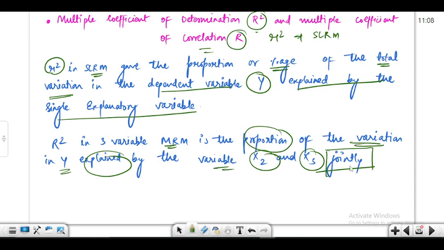So jointly, what proportion of the variation in y is explained by the explanatory variables is captured by the capital R square. So this is the meaning. I hope this is clear, and you can see the difference here. The variation here is due to both the variables. Over there, there was a single variable. So this is the difference.